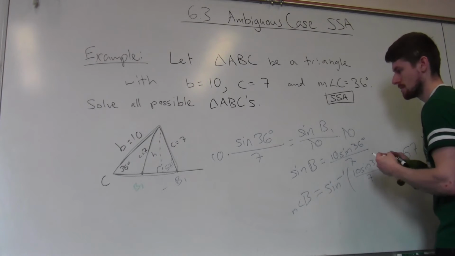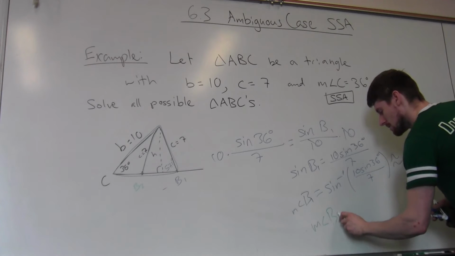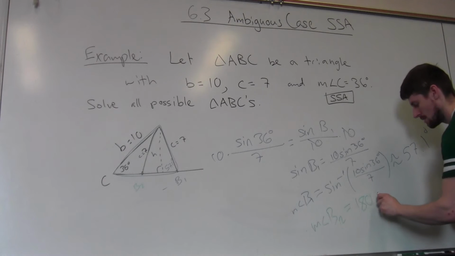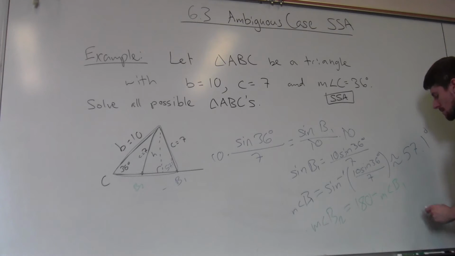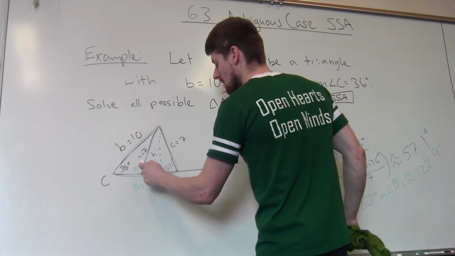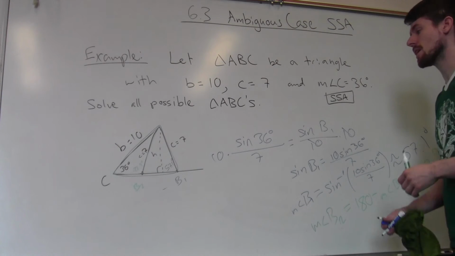So the measure of angle B2 equals 180 minus the measure of angle B1, which is roughly 122.9 degrees. Two possible triangles in this case, one in which the angle for B is obtuse, one in which the angle for B is acute.